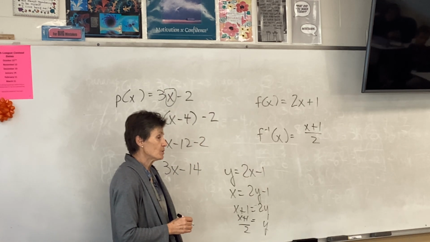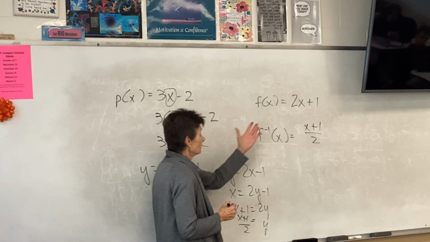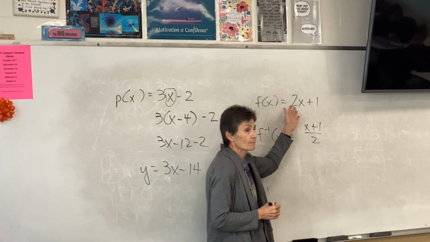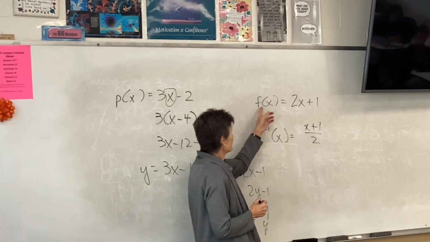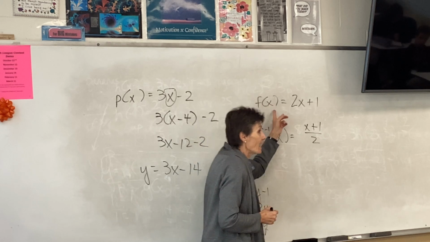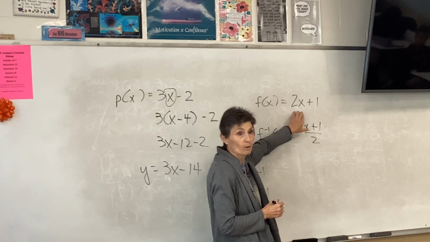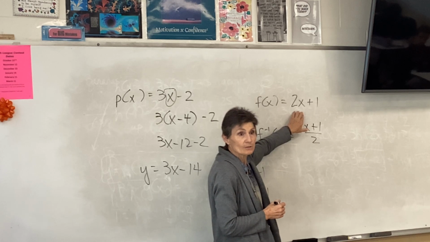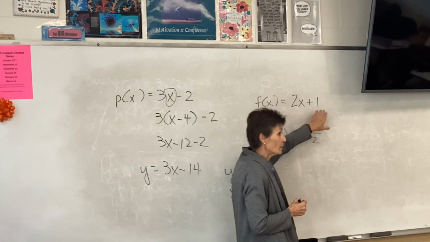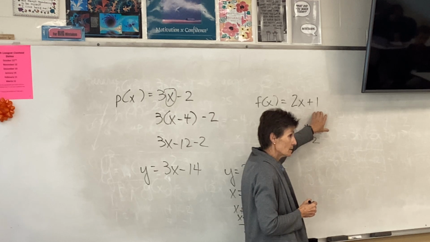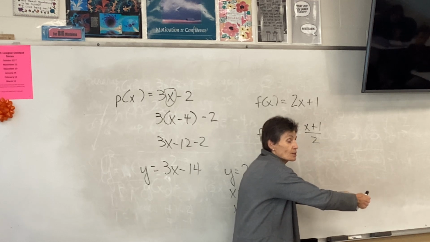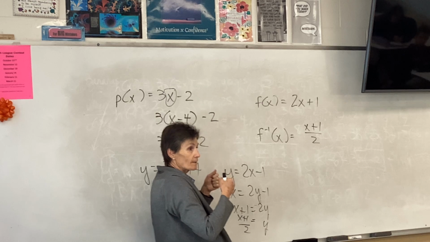Now, when I said you can do it intuitively, look at your original problem. If I said, let's find f of 5, what would be the first thing you'd do? You'd multiply it by 2, and then you would add 1. The inverse puts that in reverse.